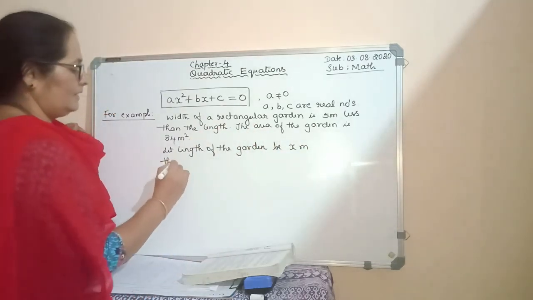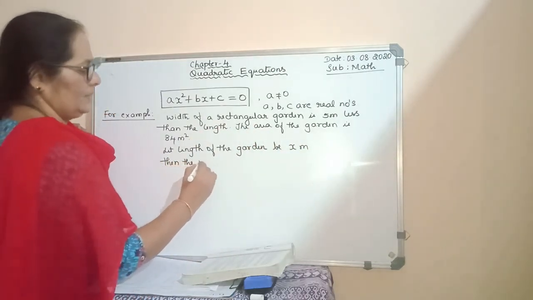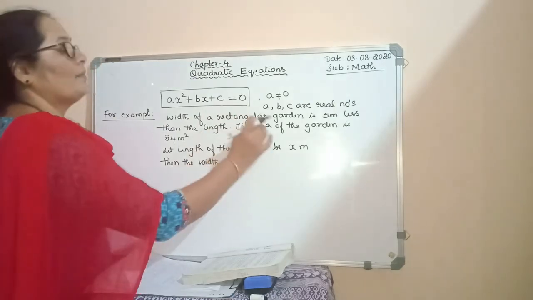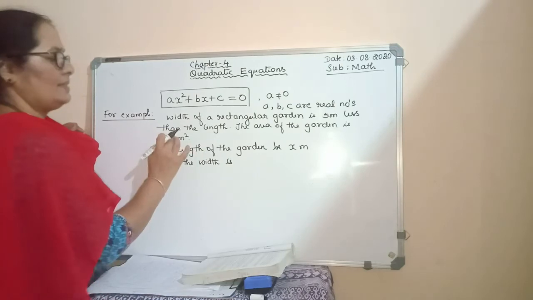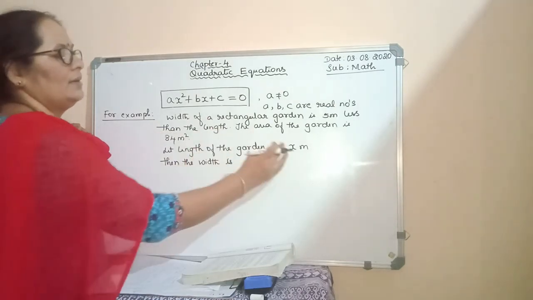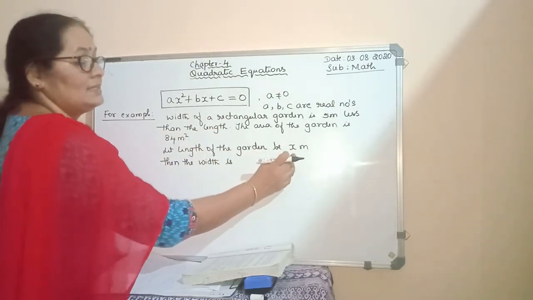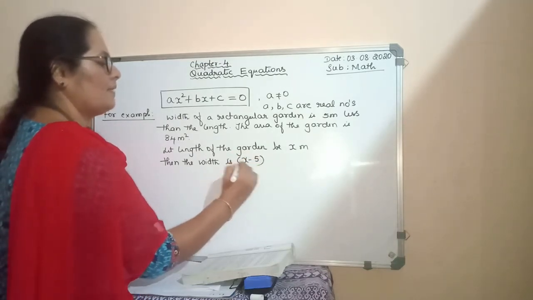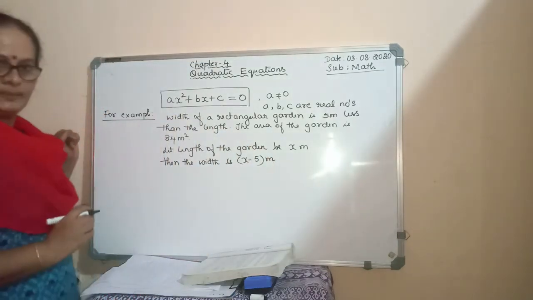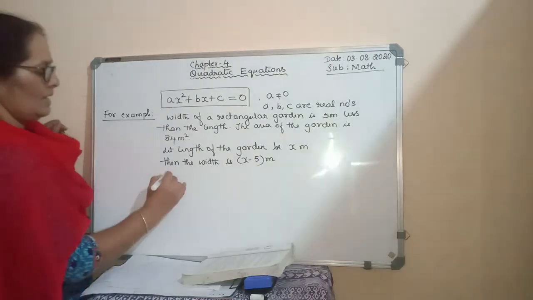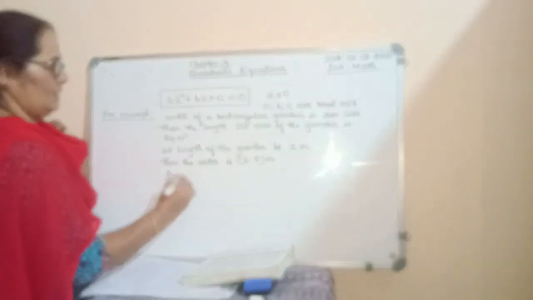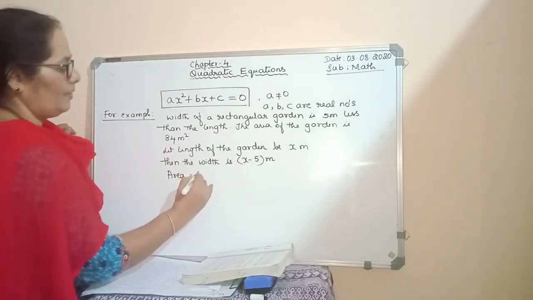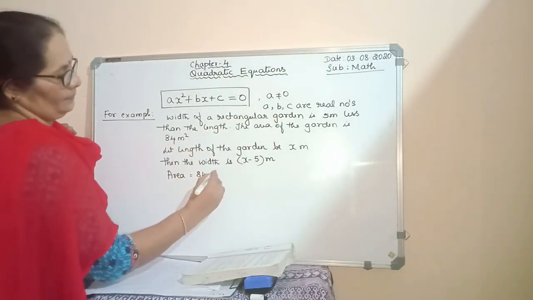Then the width is 5 meter less than the length, so the width is x minus 5 meters, and the area of the rectangular garden is 84 meters square.